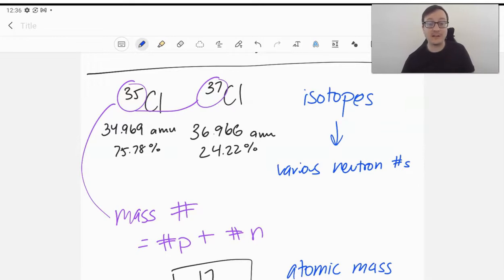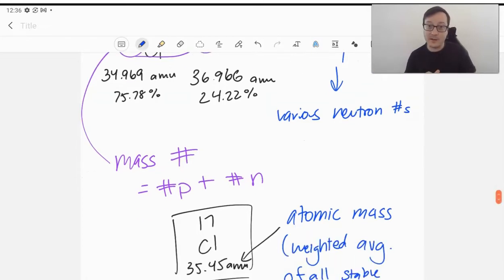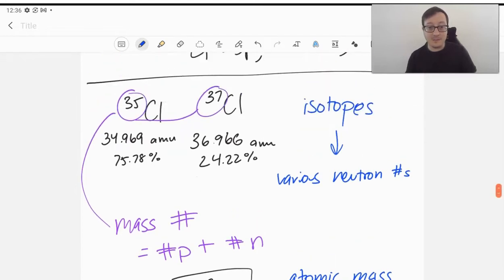So chlorine 36, for example, doesn't exist, which is interesting. We typically don't see things with odd numbers of neutrons. That's just one thing that we see here. Since chlorine has an odd atomic number, these mass numbers both indicate an even number of neutrons, right? One with 18 neutrons, the other one with 20 neutrons.